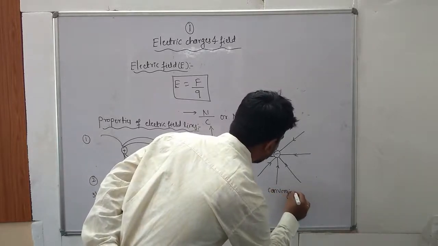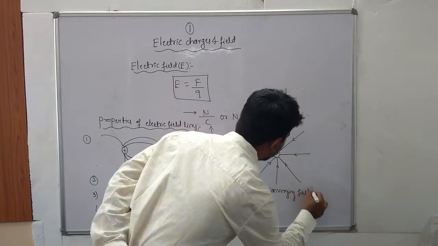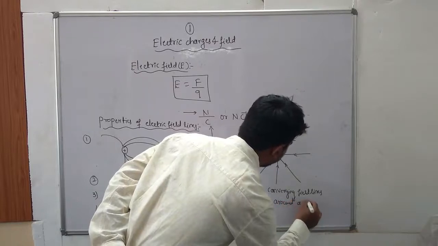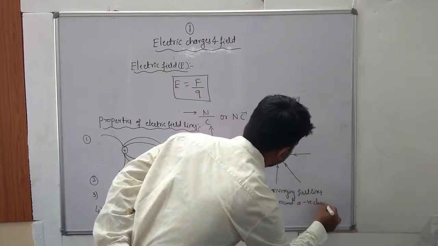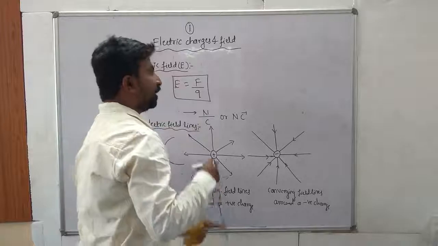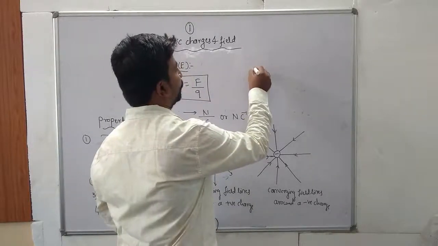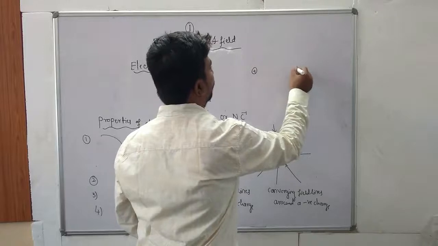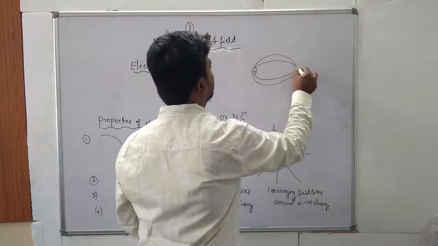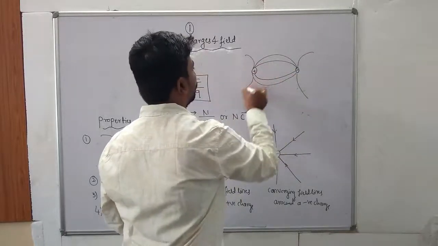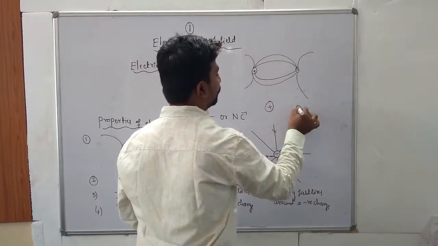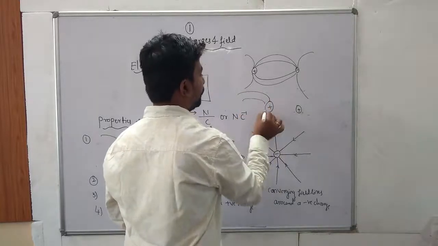Converging field lines around a negative charge. Suppose draw the electric field lines around two equal and opposite point charges. So positive charge and negative charge, you can write like this. Draw the electric field lines around two equal positive point charges, like this.